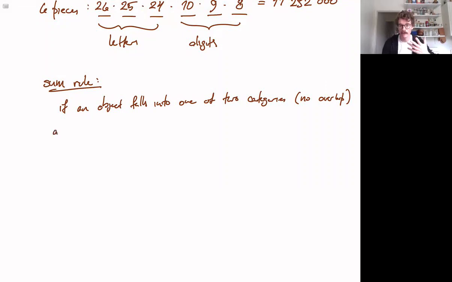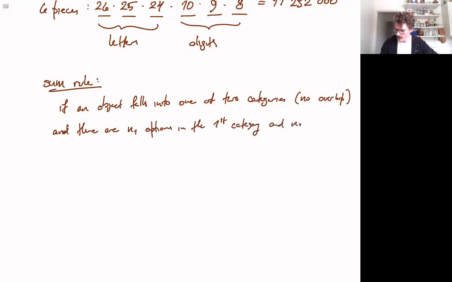And if we count these categories, there are n1 options in the first category, and n2 options in the second. Then there are n1 plus n2 options total.